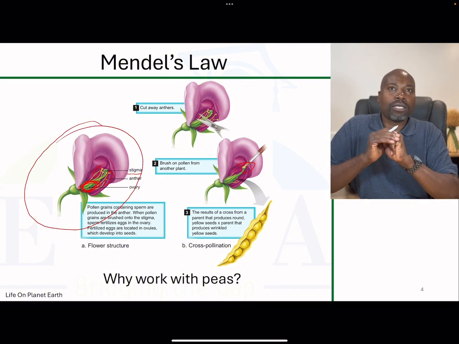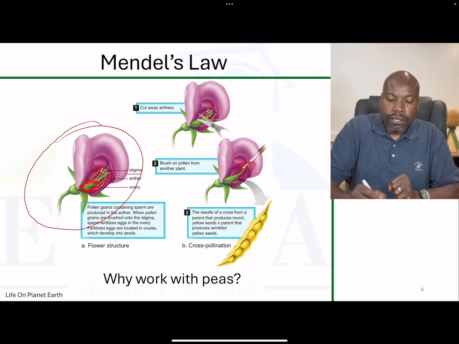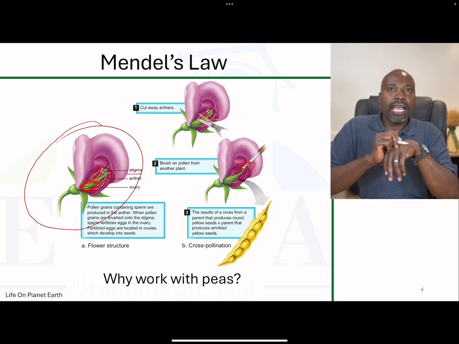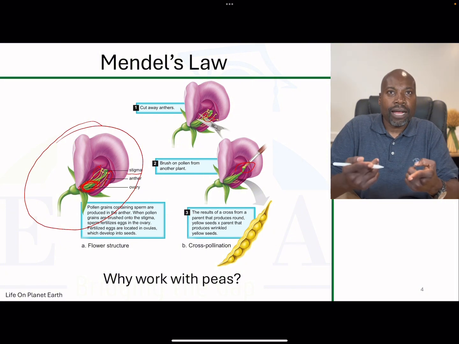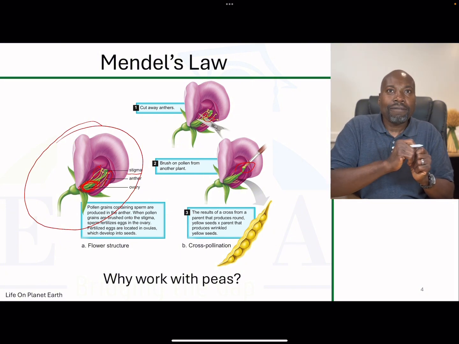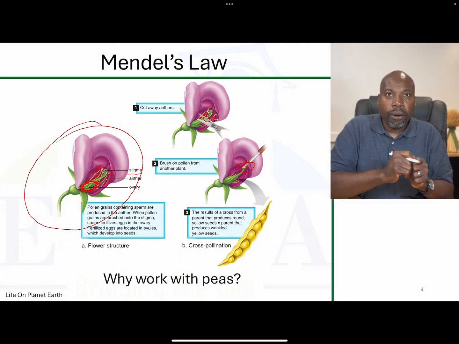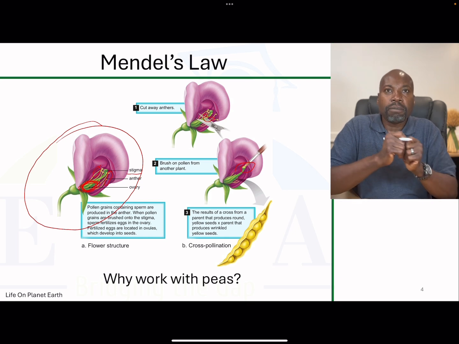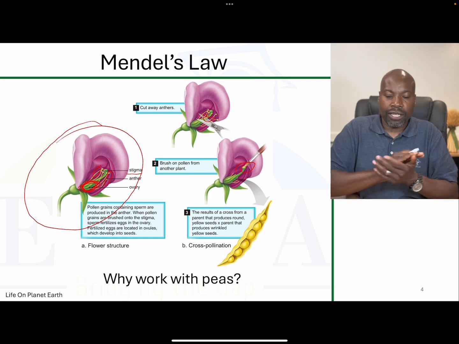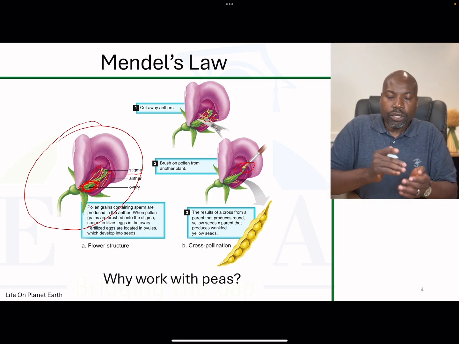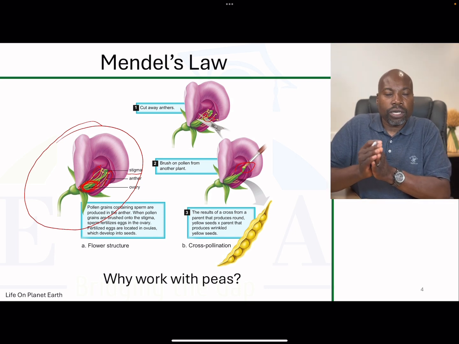One plant has white flowers, the other plant has purple flowers. Well, he's going to cut the anthers so that the purple flowers do not fertilize purple flowers, right? But from the white flowers, he's going to obtain the pollen and bring it to the purple flowers and vice versa, right? So this is what he worked on.